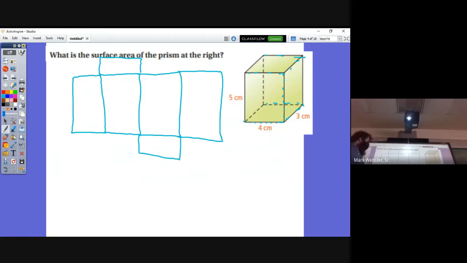Kind of like that. But basically, if you think about how this translates into this, you've got all the dimensions, and it's basically just 6 rectangles, right?